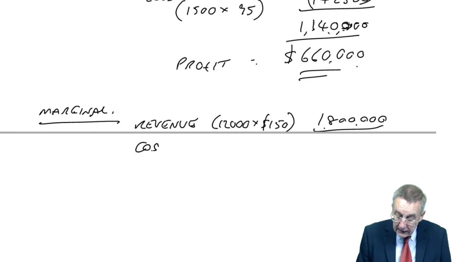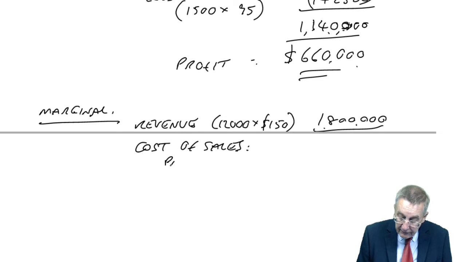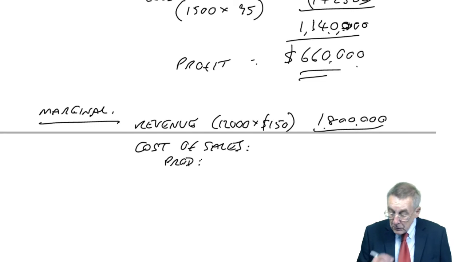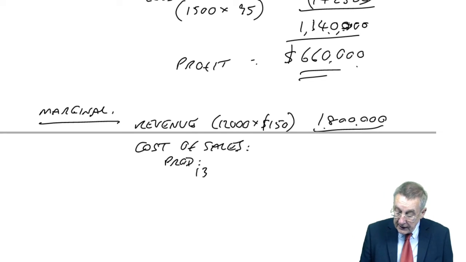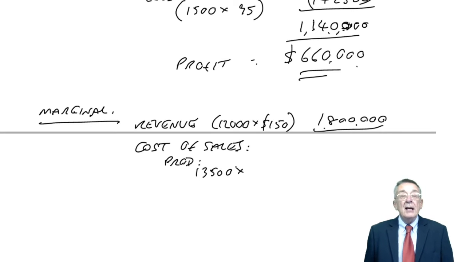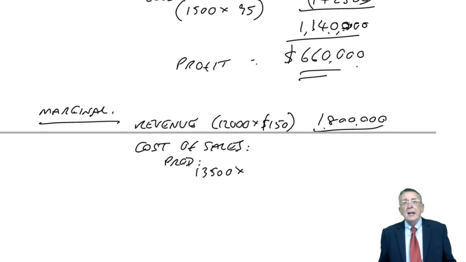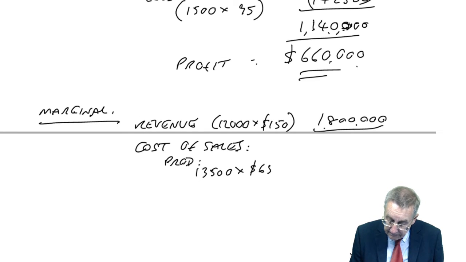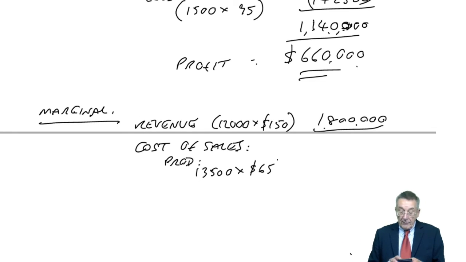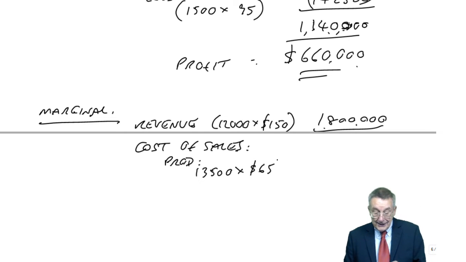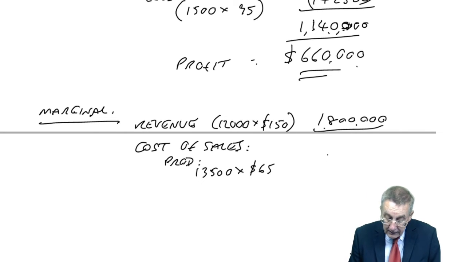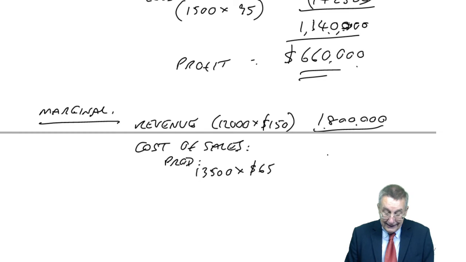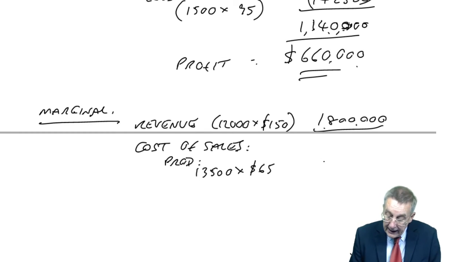The cost of sales, well, again, the production first of all. We produced 13,500. If we're using marginal costing, we only charge at the variable cost of 65. 13,500 at 65 is 877,500.